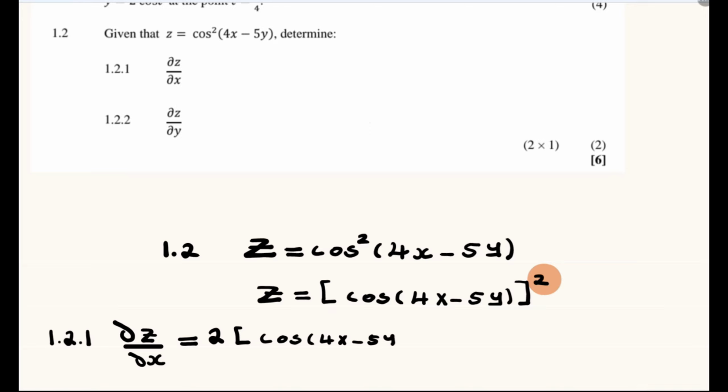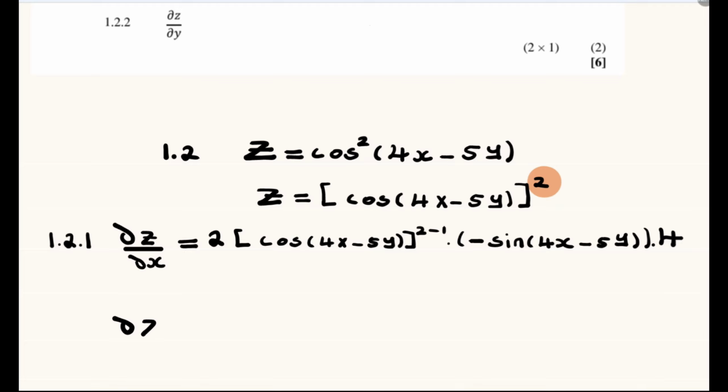Now we differentiate the inner function. The derivative of the cos is negative the sine of 4x minus 5y, and the derivative of the 4x with respect to x will be 4, and the derivative of the 5y will be 0 since we are differentiating with respect to x.